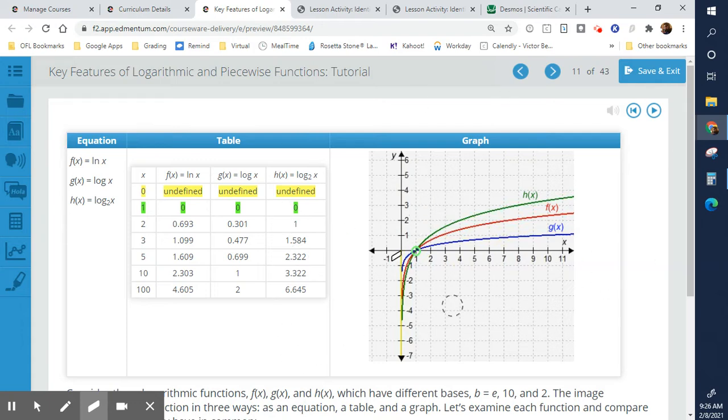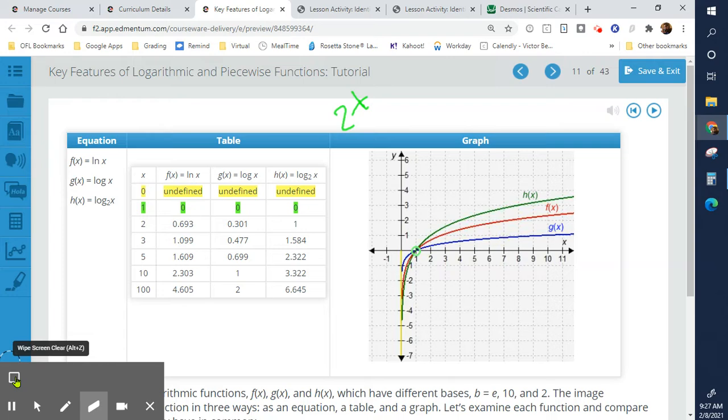So that's all you really need to take away from it. The smaller the base of the log, the faster the growth rate. Inversely, like if I said 2 to a power. It makes sense because if we take the inverse of it, if we write it as an exponential instead of a log, it's growing backwards.